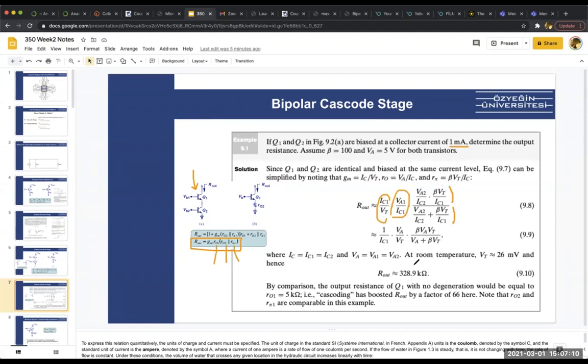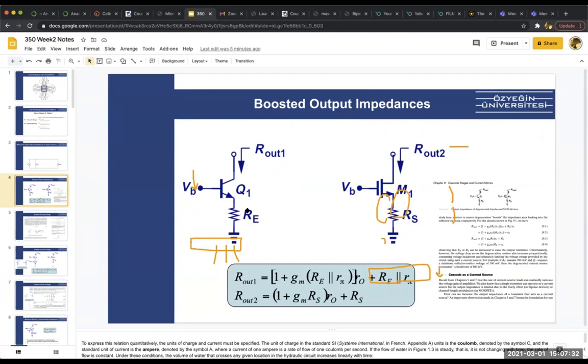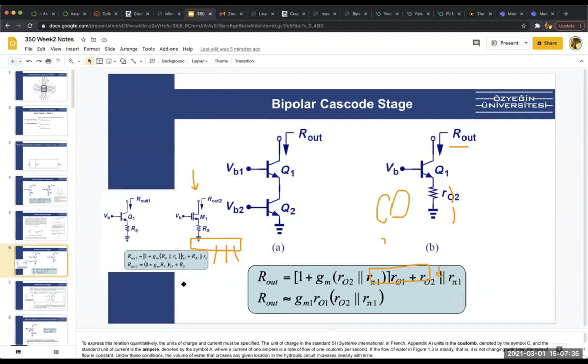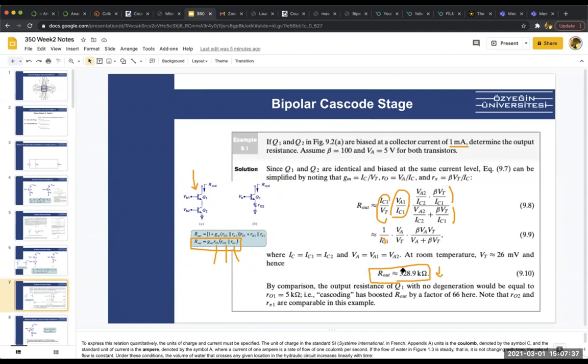Put in all the values, and the ROUT is this. If you do this question with only one transistor, which I explained in the beginning, assuming RE is 0, you wouldn't even come close to this value. You would probably get maybe 25K or 30K. And as a practice, you can do it.